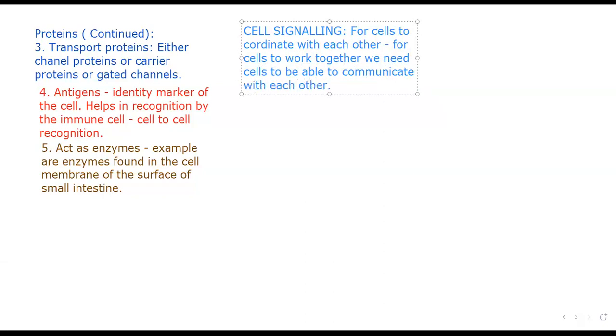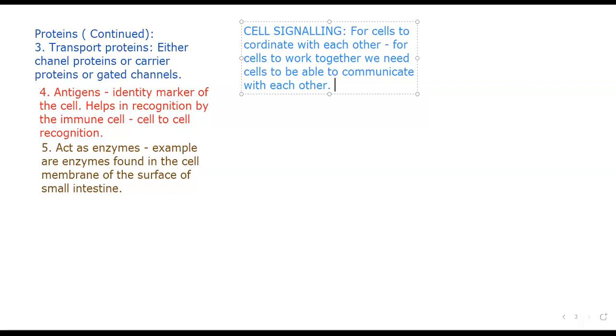And that is where cell signaling actually comes in. Cell signaling is actually done with the help of signaling molecules.